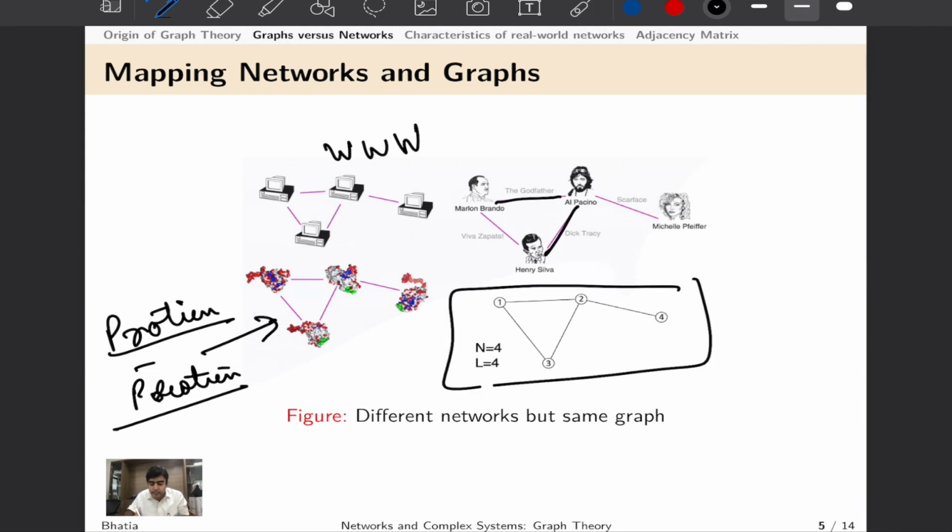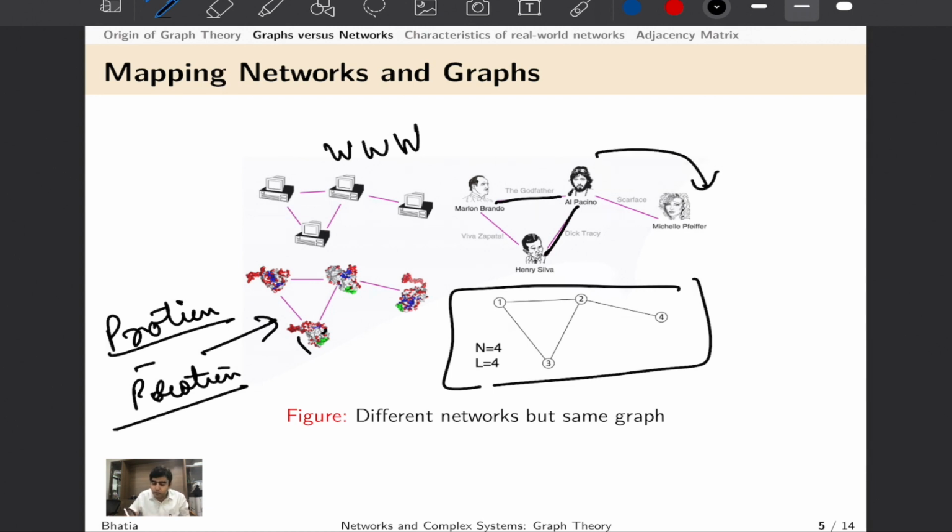But if you look at these three networks and their graphical representation, you can just represent them by some nodes 1, 2, 3, and 4 connected by the same underlying graphical structure. And that means that yes, we can indeed represent different networks with the same graph, and the same mathematical tools can apply. But again, if you shuffle some of these nodes here, that may completely change the meaning.